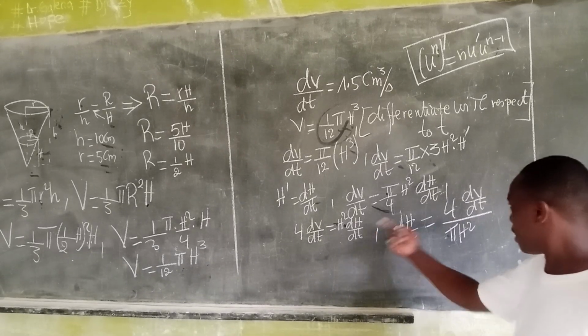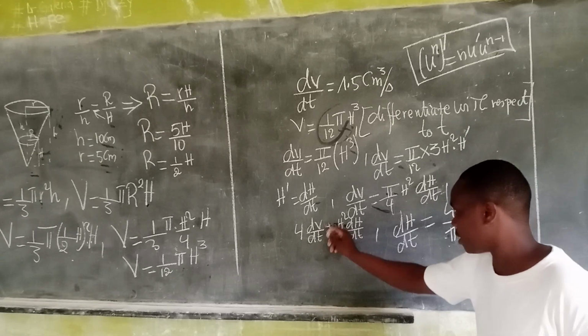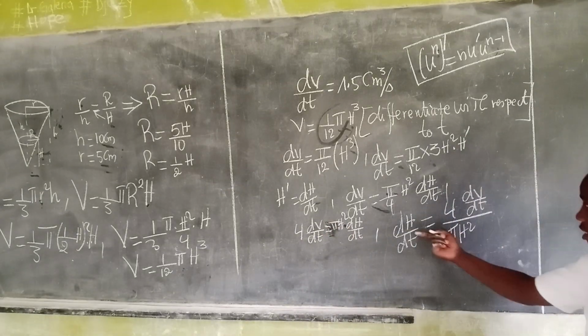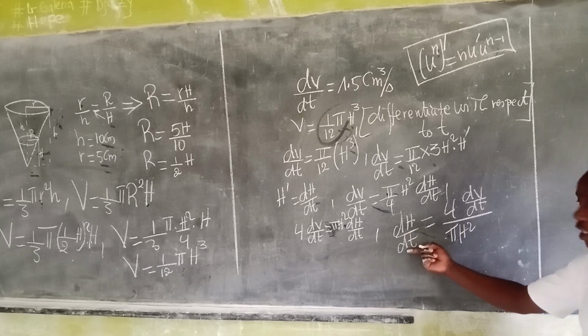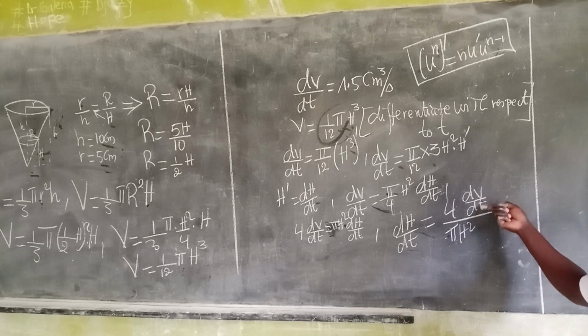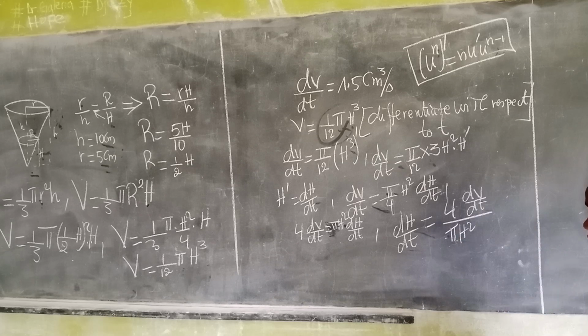I'm sorry, I missed the pi here; it has to be multiplied here. So dh/dt is then equal to 4 times dV/dt over pi h squared.